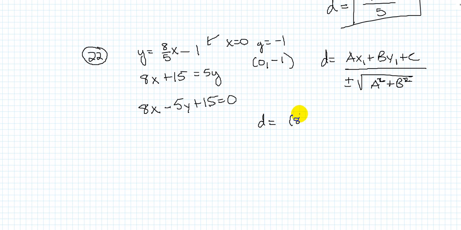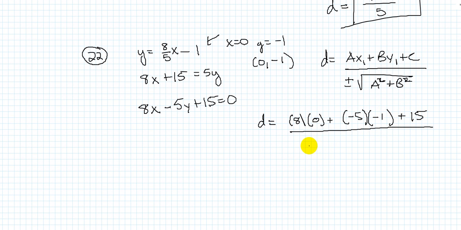A equals 8, x1 is 0, plus b, don't get this wrong, equals -5, y1 equals -1, plus 15 for c. Plus 15 all over the square root. 8 squared plus b squared, which is -5 squared. Okay, make sure I got the right a's and b's there.